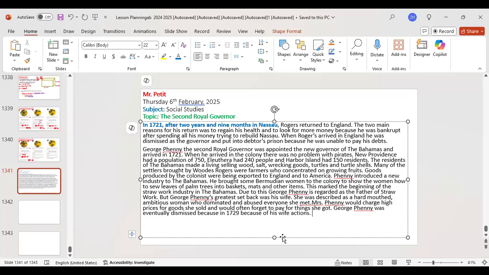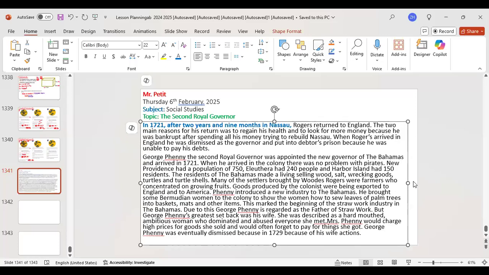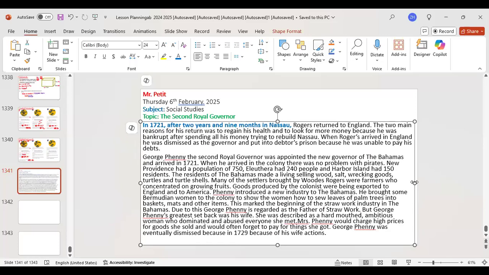They could cost you. And in this case, it cost them. That's why they say birds of a feather. The sentence said George Finney was eventually dismissed in 1729 because of his wife's actions.